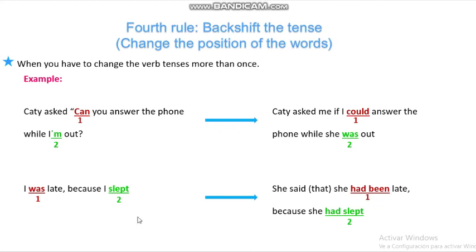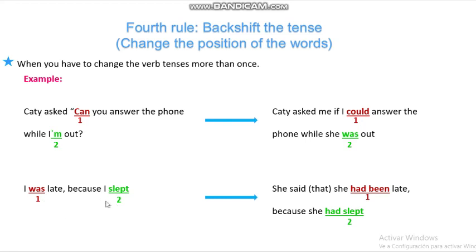The same in this example. "I was late because I slept." Again, two verbs. "Was" the first verb and "slept" the second verb. But as you can see, "was" and "slept" are not in simple present, sorry.